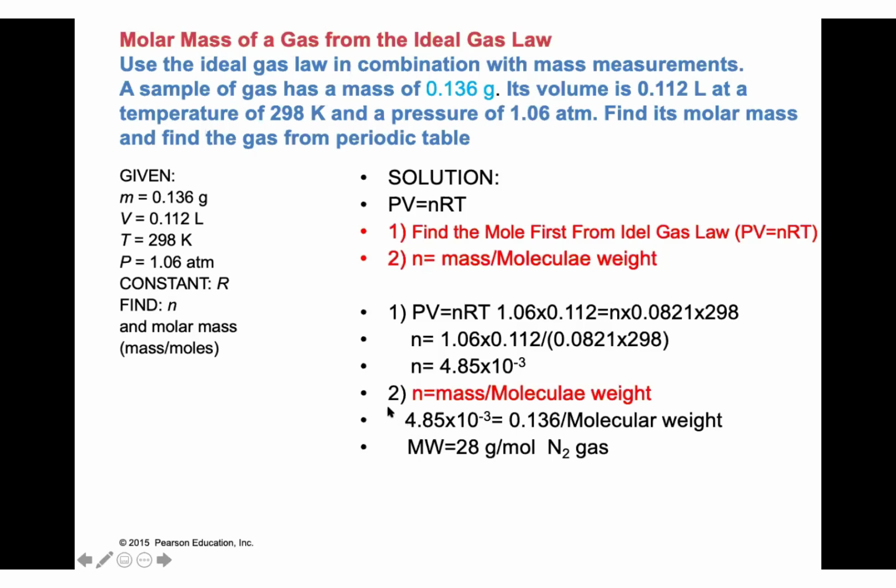So I have the mole here, I got it from step 1. That's the mole I got from calculations. In this question, I put in the grams given in the question, and I find the molecular weight. It's 28 grams per mole.